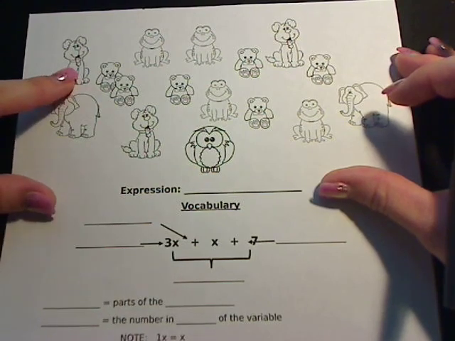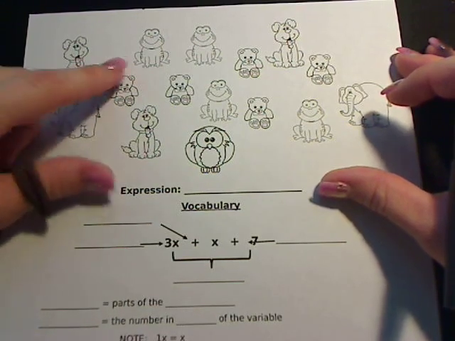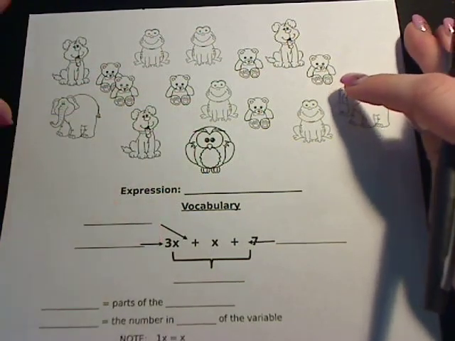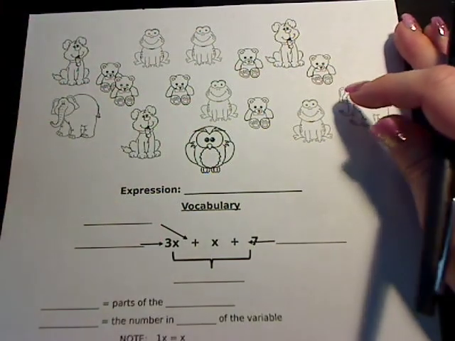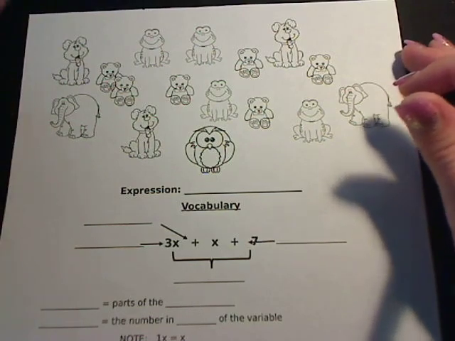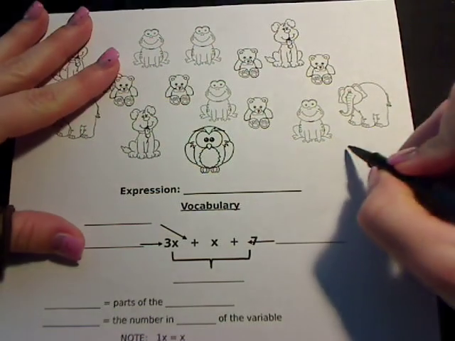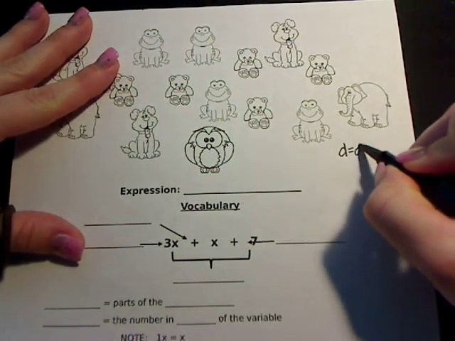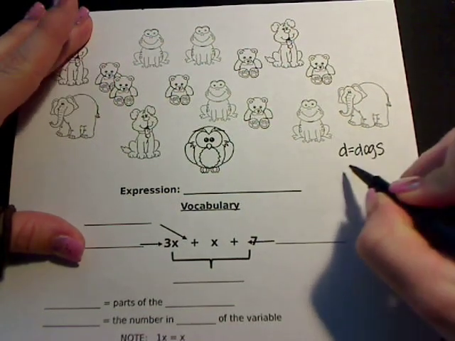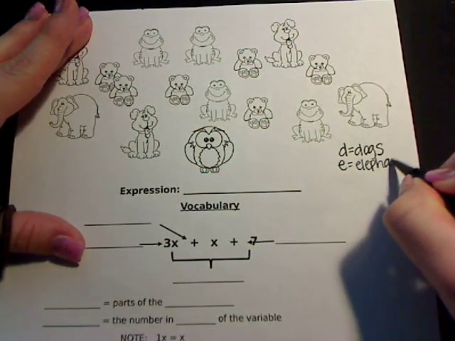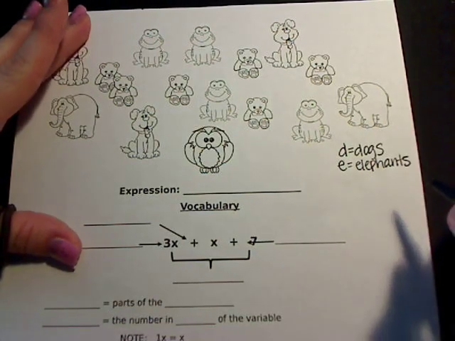I've got dogs, bears, elephants, frogs, and owls, and I think that's all of it. If I were going to shorten it so I didn't have to write the whole word dogs, I could say that D is going to stand for dogs. E is going to stand for elephants, because in algebra we don't like to write the whole words out.